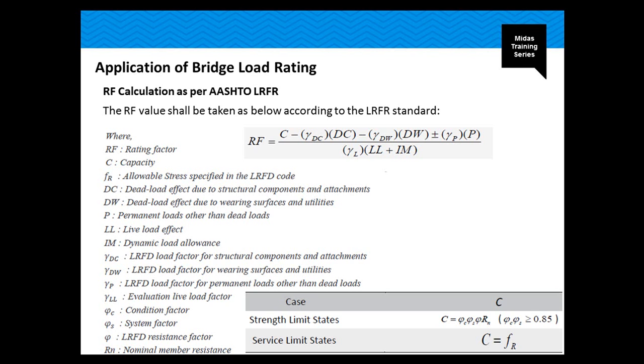It's a bunch of factors together with the capacity of the bridge. Capacity over demand, and then you get the rating factor. That's in summary how the rating factor is calculated.